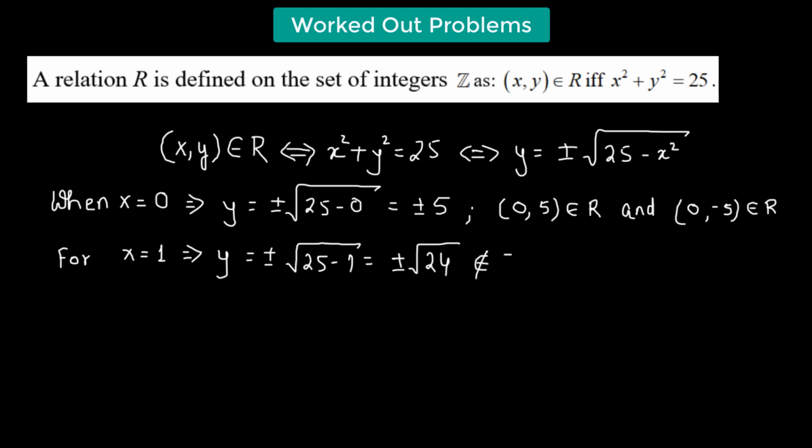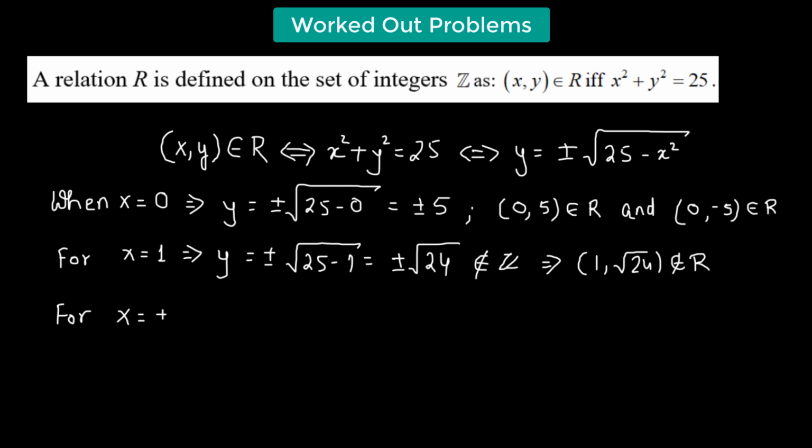Since this does not belong to the set of integers, this implies that the ordered pair 1, square root of 24 does not belong to the relation R. Now we consider the second value, x equals 2. We'll see that for x equals 2 as well, the ordered pair is not going to belong to the relation because we'll get a square root of 21.